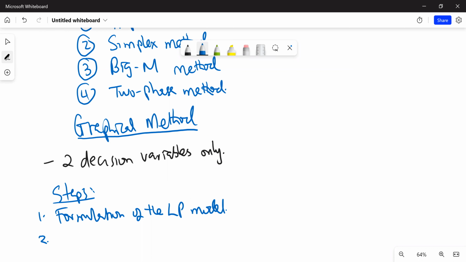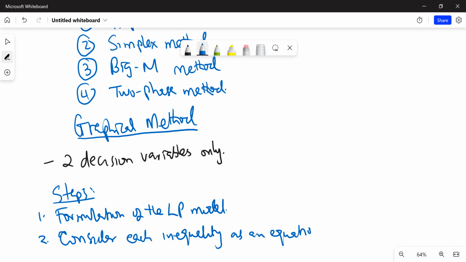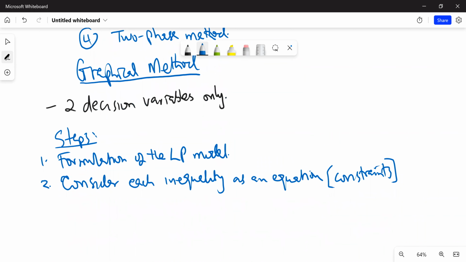The second step is to consider each inequality as an equation. This is under the constraints. So basically what happens there is you relax the inequality, then you draw an equation to represent the resulting equation.